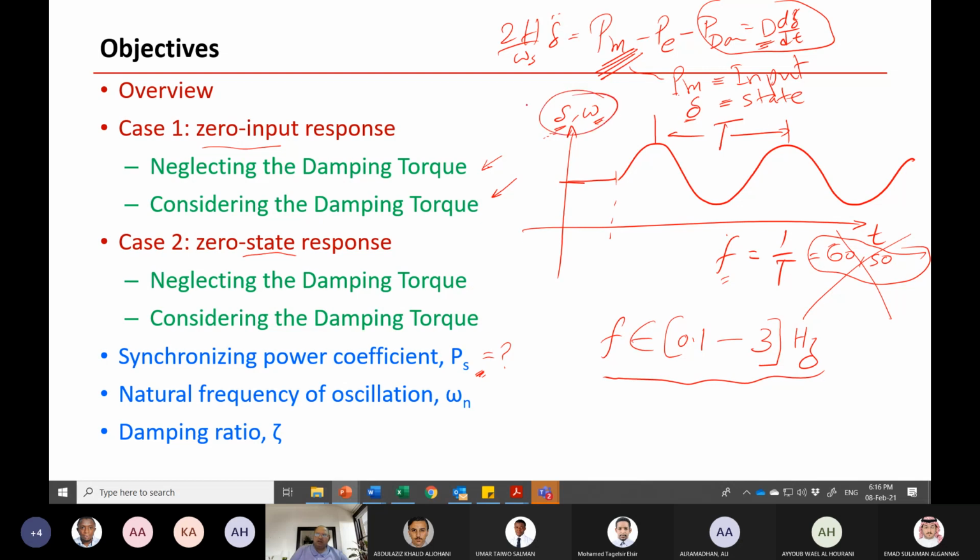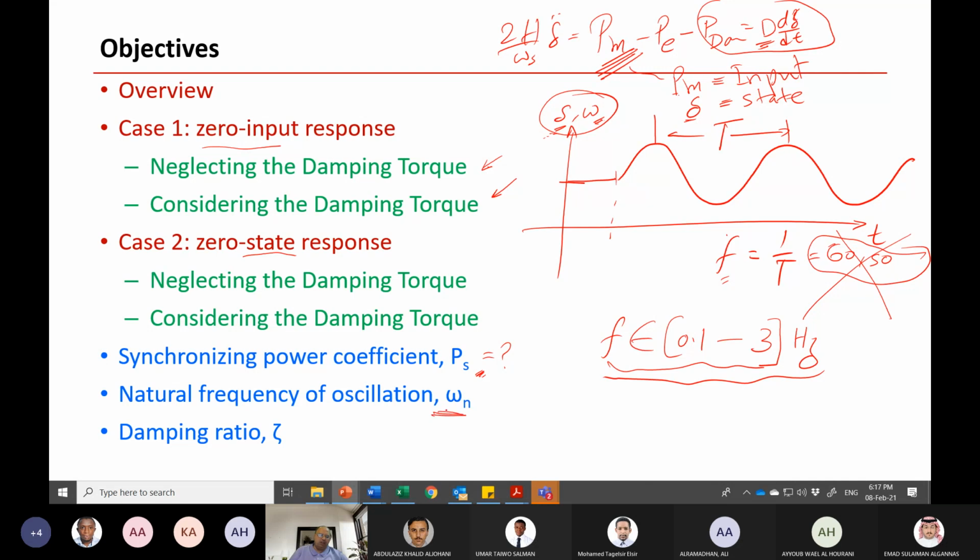These states are related to the mechanical part of the synchronous machine. It is not current or voltage, to have a frequency of oscillation equal to 50 or 60 hertz. So we are talking about a frequency between 0.1 and 3 hertz.